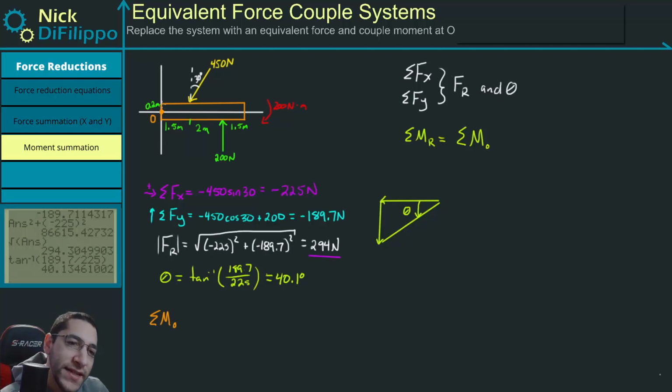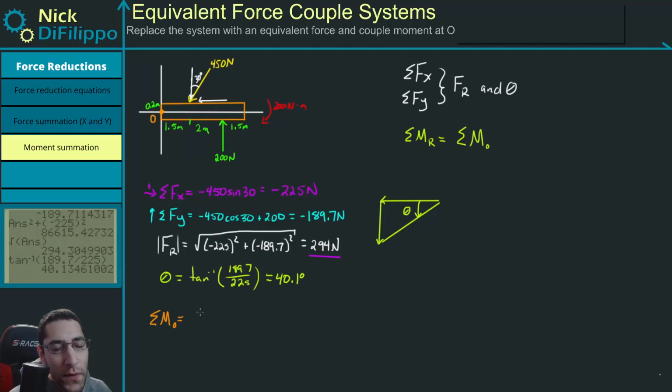Now, this has some thickness. This thickness right here is 0.2 meters. And let's do the 450 Newton force first. So if I break this up into x and y components, both of these components, none of them go through point O, so they're both going to have a moment about point O. Let's do this x component first.